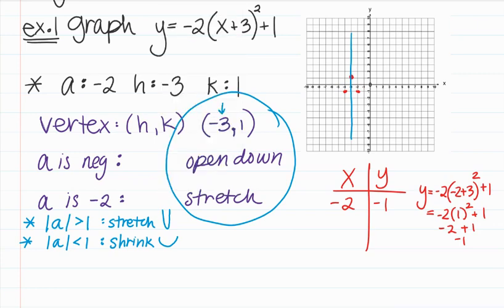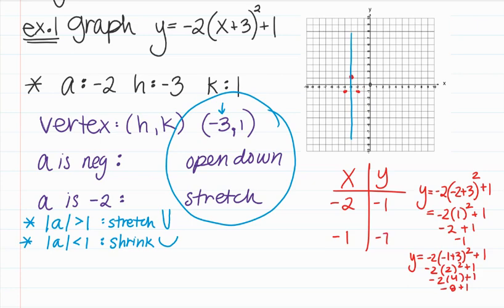Then we can see what happens when x is -1. That'll keep my numbers pretty manageable. So I get -7.